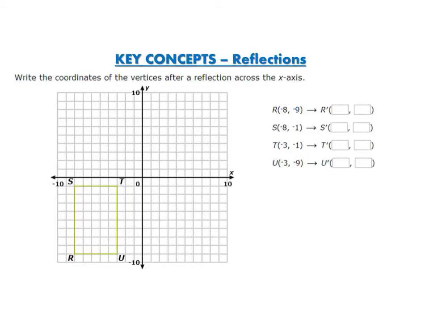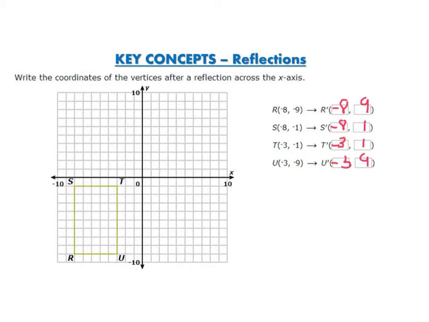Now the nice thing is when I reflect across the x-axis, all I do is change the y values. So this becomes -8, and all I do is change the sign of my y. That's 9. This is -8, 1, -3, 1, and -3, 9.